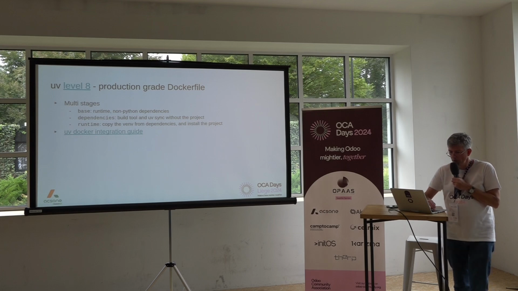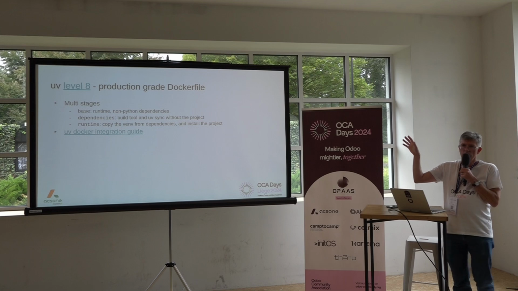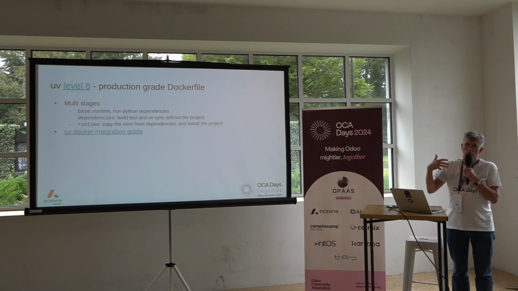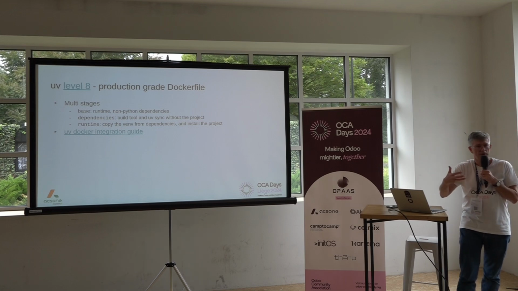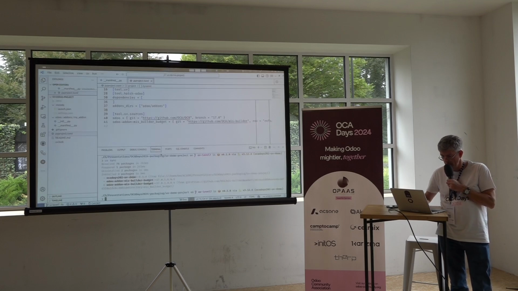So I'm going to show you a Dockerfile. It is heavily inspired by the UV documentation, which has recommendations on how to use UV in a Dockerfile, so I really encourage you to look at that.